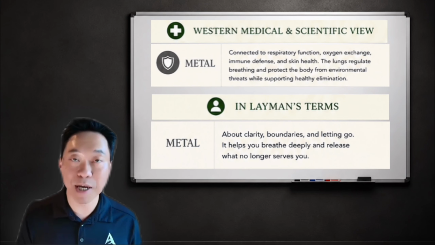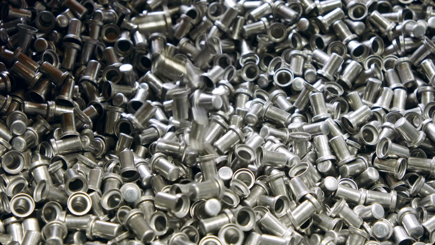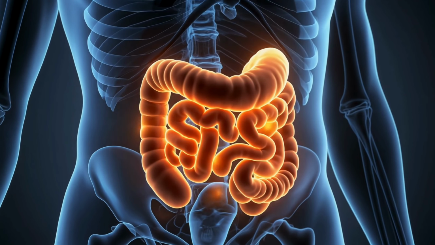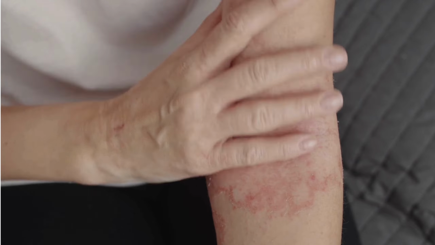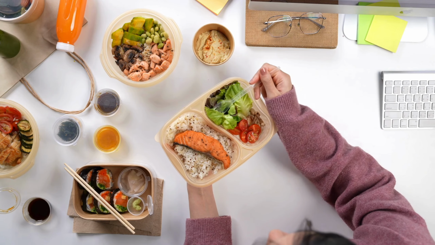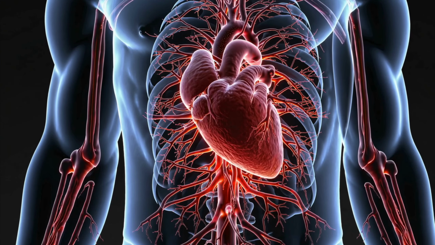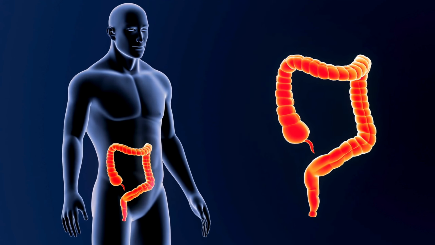Now, it's not just a metal problem, but the metal is involved because it correlates to your large intestine, right? Metal is about clarity, boundaries, letting go. It helps you breathe deeply. Allergies, it's also a metal problem. If you have airborne allergies, food allergies actually may be a little more heart problem because it's small intestine, and earth problem because large intestine, okay?